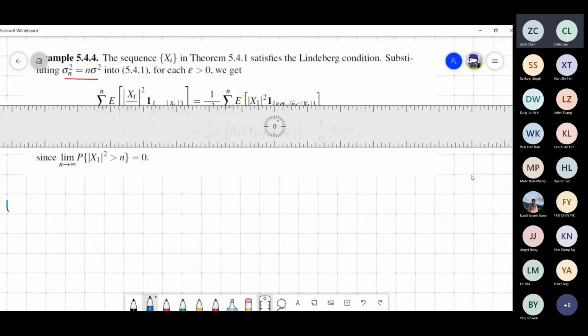So it's like you have 1 over n of E of X1 plus E of X2 and so on.